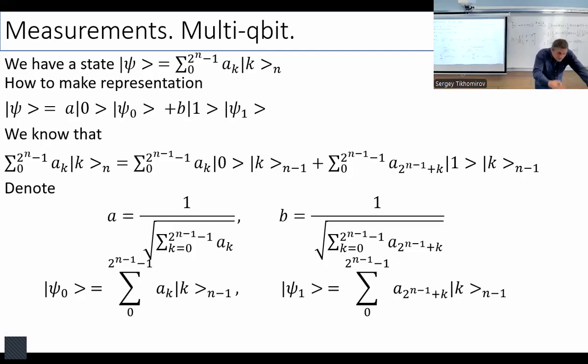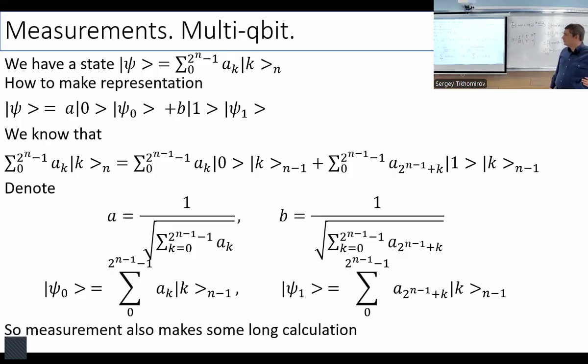This would be the driver for quick solution of the system. It's also an exponential sum. So that's possible. Okay, so measurements have one calculation.